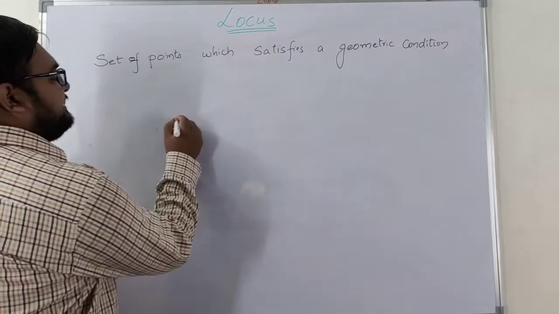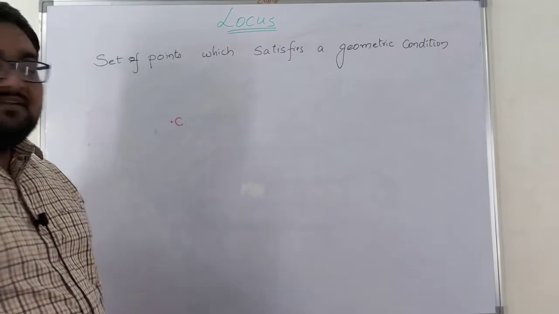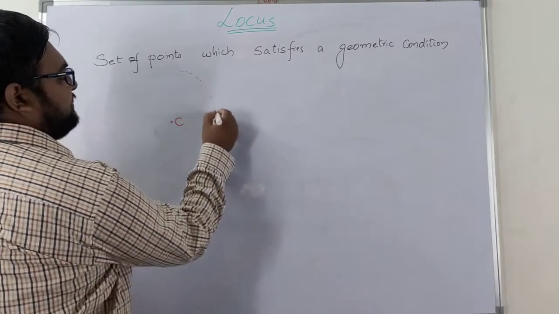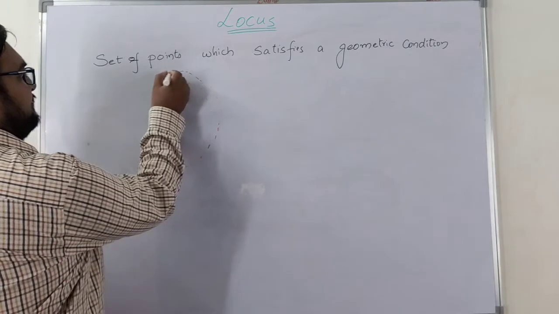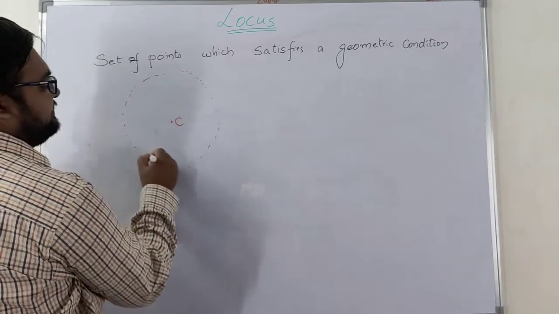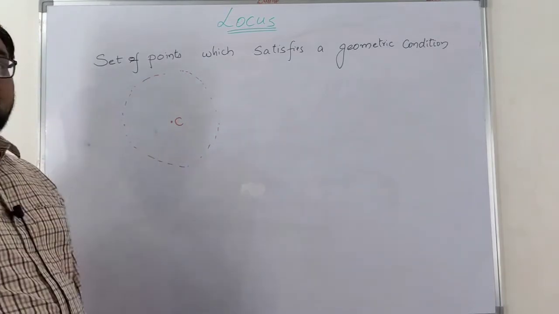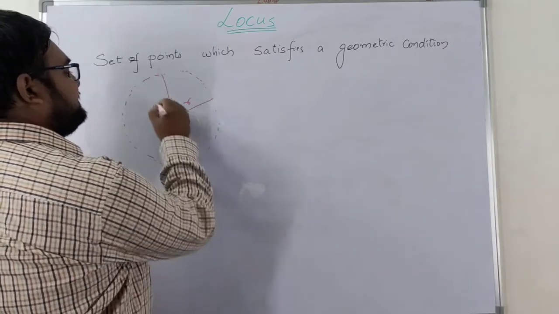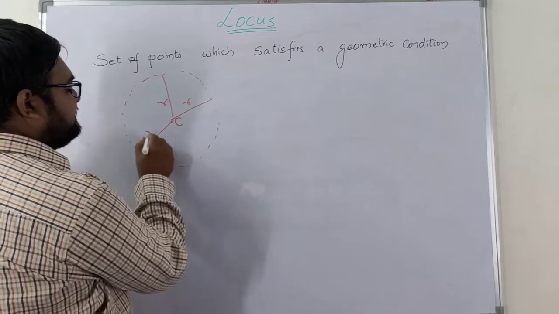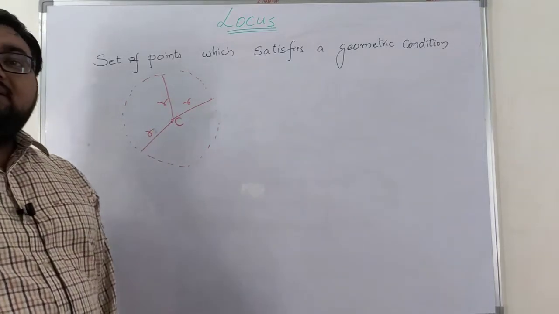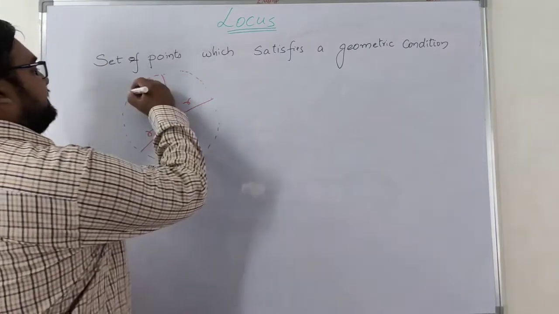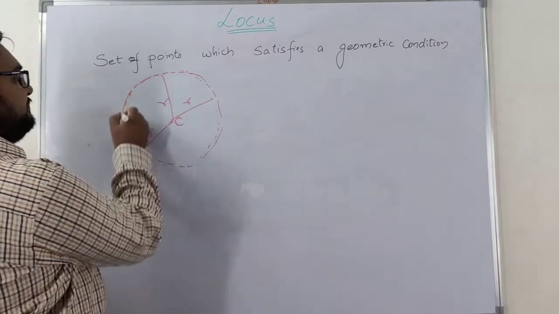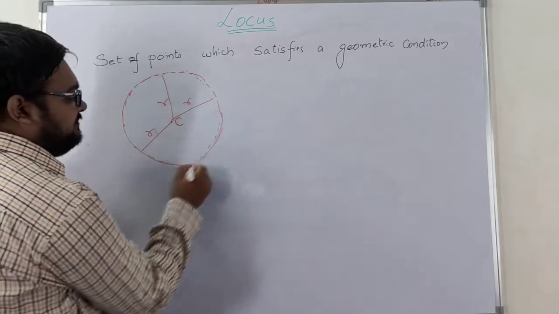Now let us consider this point as some C. If I consider the points which are equidistant from this particular point C, so if I consider all the set of points, and this distance is some r, then this distance is also r and this distance is also r. Likewise, this set of points is going to form a circle.